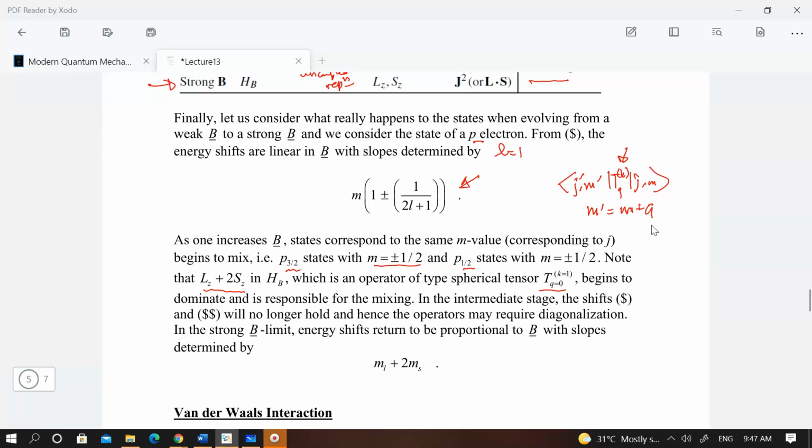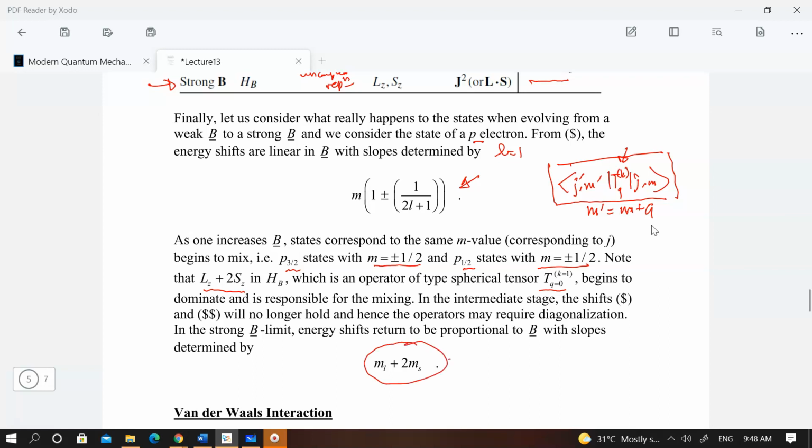So the total one is the same, but these are two different things. You mix up those two things when you do this kind of interaction. So in other words, the two different states get mixed up, and finally you come down to the strong field limit.